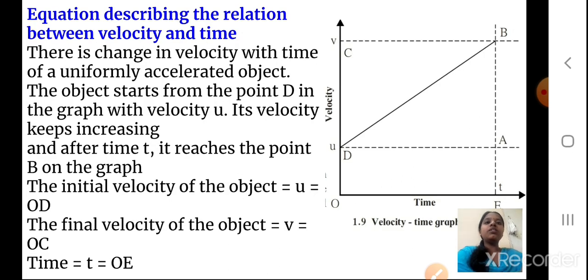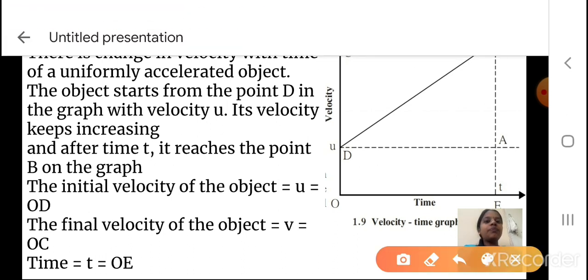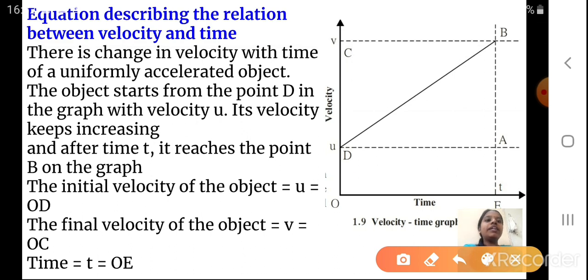See, the equation describing the relation between velocity and time. There is a change in velocity with time of a uniformly accelerated object. As it is uniform acceleration, it is a straight line graph. Now see here, the object starts from the point D in the graph with velocity u. This here is the graph, you can see, this is my D point.